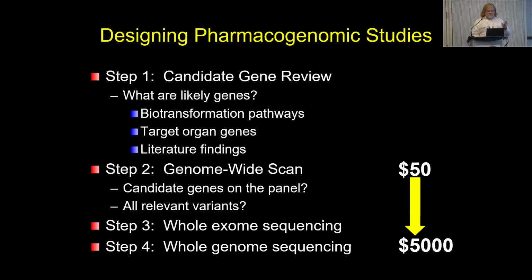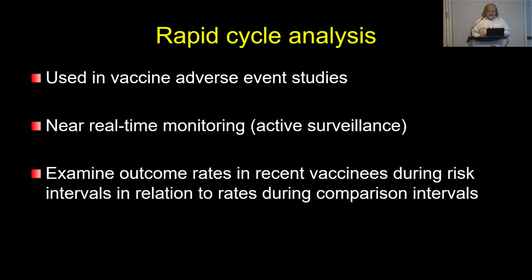Now, before we think about the genomics, we have to think about what the adverse event is, which is what I'm going to talk about today, and how to find those and what the phenotype really is. So this is genotype, but phenotyping is often found through rapid cycle analysis or active surveillance. Rapid cycle analysis is used in vaccine studies. We use it a lot with studies I'm now doing with the US Centers for Disease Control with COVID vaccines, in which you look for outcome rates for certain types of reactions.